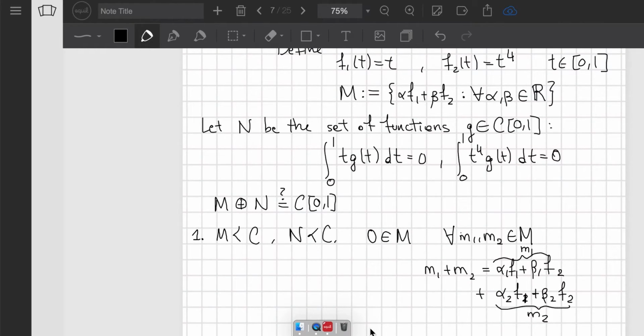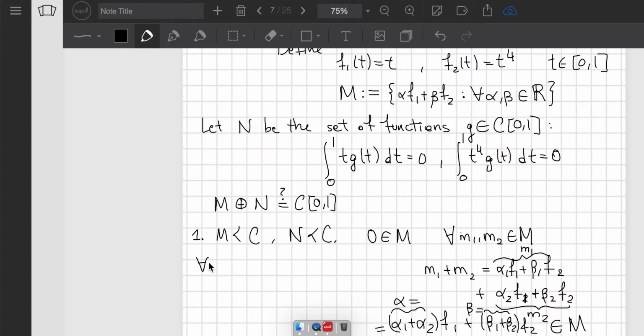Now we can rewrite this as (alpha 1 plus alpha 2) f1 plus (beta 1 plus beta 2) f2. And clearly, if we let alpha be equal to this and beta be equal to this, then this function belongs to M, because it is in the form real number times f1 plus real number times f2. So we know it is closed under addition. Let's just show that this is also closed under scalar multiplication.